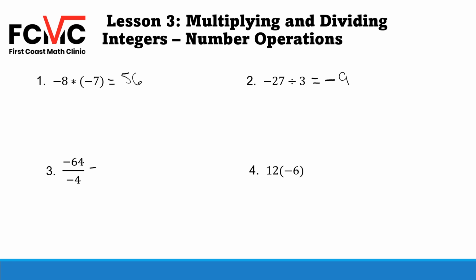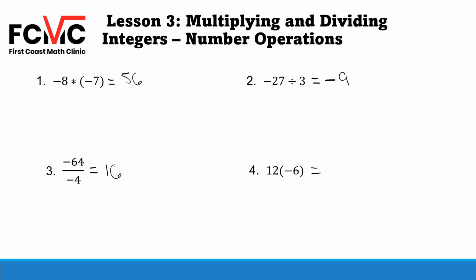Number 3, we've got a fraction, which is division. So any fraction is division. So we've got a negative divided by a negative, which is going to give us a positive, and 64 divided by 4 is going to give us 16. And then number 4, positive 12 times negative 6.